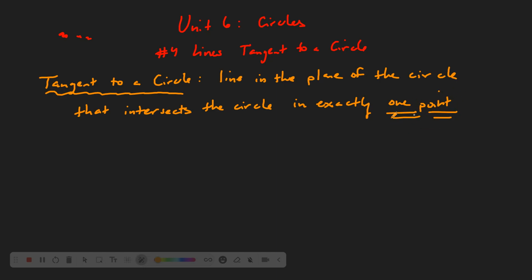And that point is called the point of tangency.